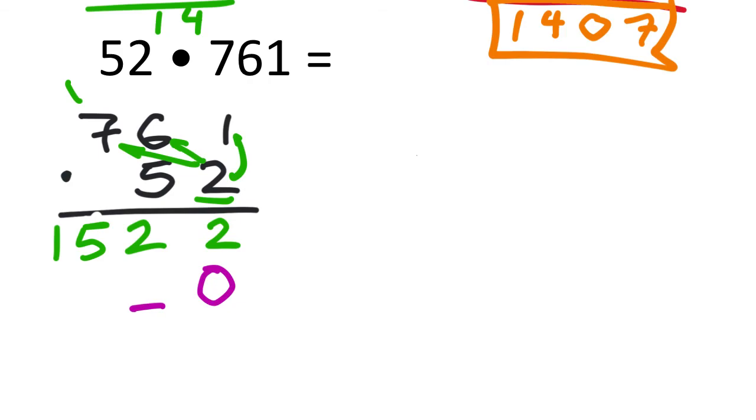And yeah, we start with the tens, the 5, right? The 5 in the tens place value, and I'm going to multiply it by all 3 values of 761. So I would start with the ones place value. That tells me how many tens are produced. 5 times 1 that'd be 5 tens there. And then we just move to the left at that point.